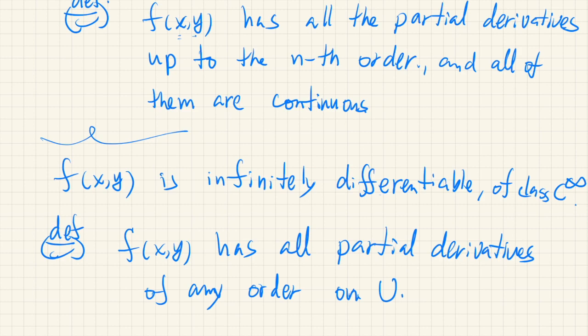And in this case, we also say this function is smooth. This is a special way of saying the same thing. Infinitely differentiable, of class C infinity, or smooth all mean the same thing.